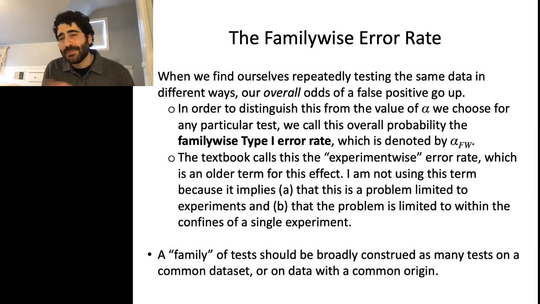So there's, again, some debate about what the right way to define families is here, but the idea is that any data that is coming from the same sample in some way, we have to be a little bit careful if we're running many tests on it, because this family-wise error rate, the chance of a false positive, is going to go up the more hypotheses we run.